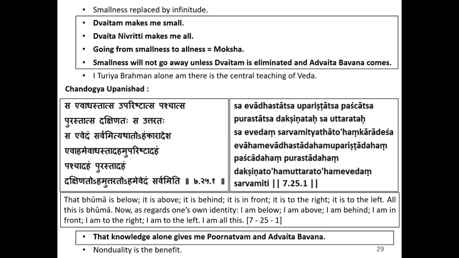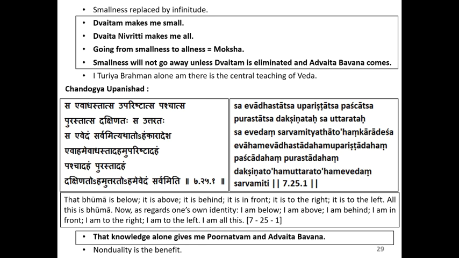Chandogya Upanishad, the 7th chapter, is called Bhuma Vidya. This is where Narada gets the teaching of Brahman in Chandogya Upanishad from his guru Sanat Kumara. Bhuma means turiya.